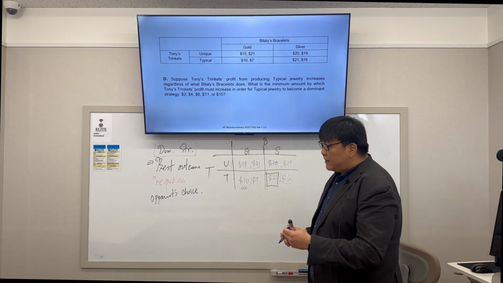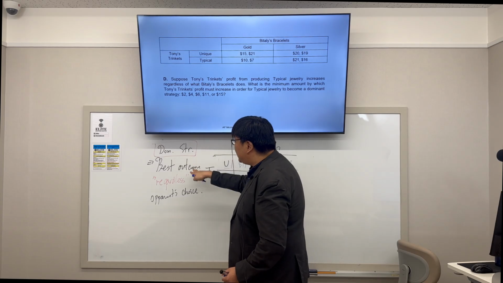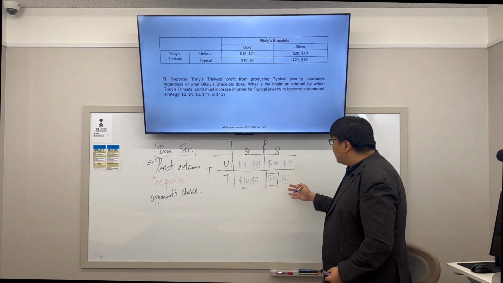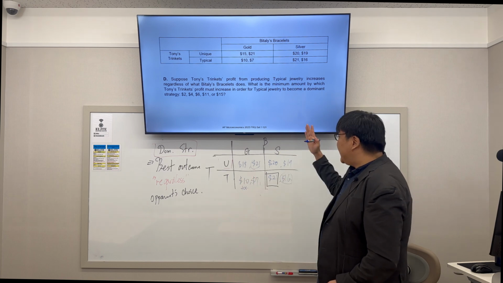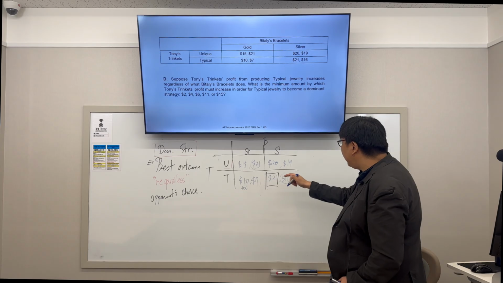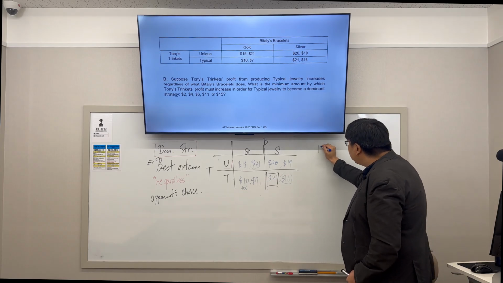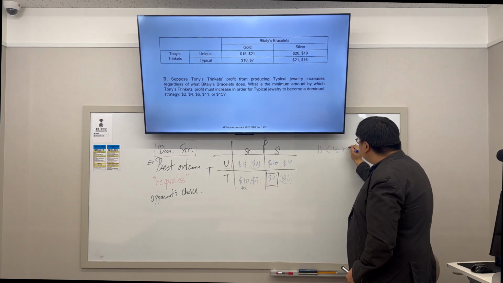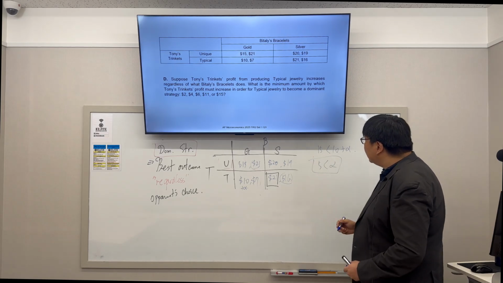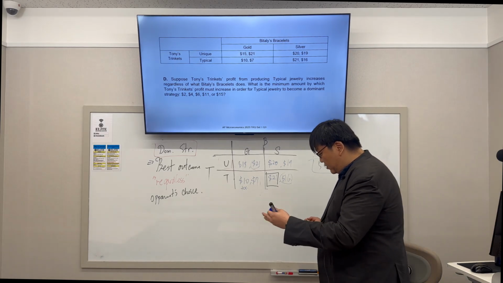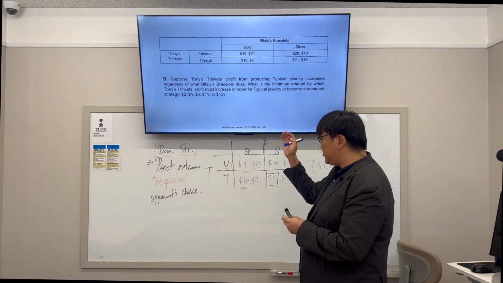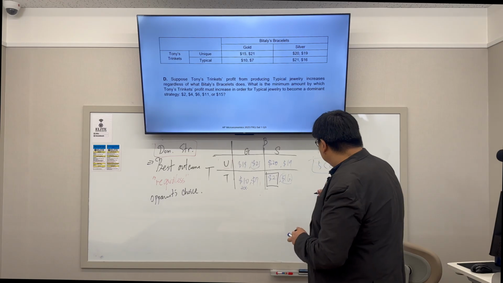So again, remember, dominant strategy means best outcome regardless of opponent choice. If you want to make this the dominant strategy, you have to give Tony something more than $5, which in this case, because this is a discrete choice question, is $6.